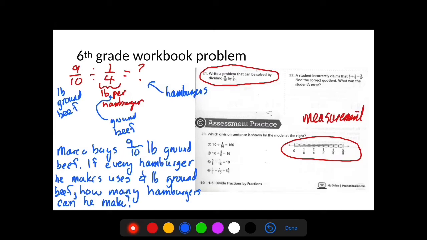This context, I used a measurement, or how many groups, perspective of division. And then I thought about, well, what could I measure out in batches of 1/4? 1/4 a pound of ground beef per hamburger, and I made a story from there.